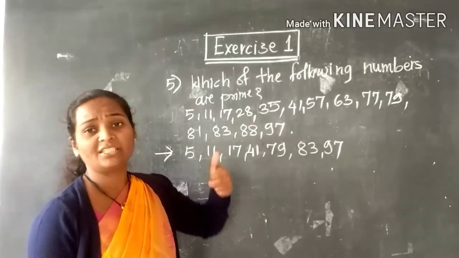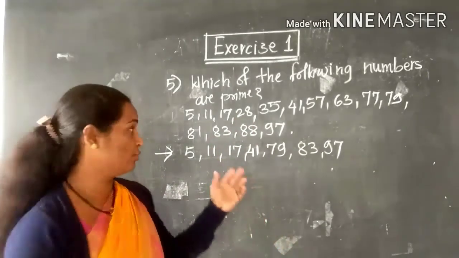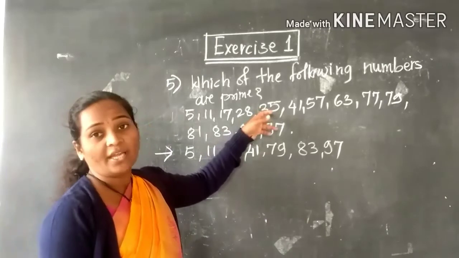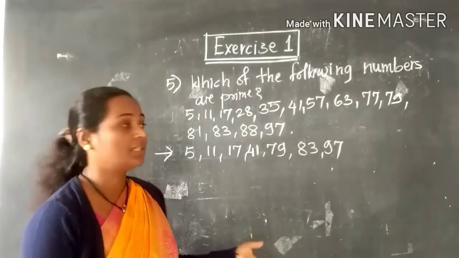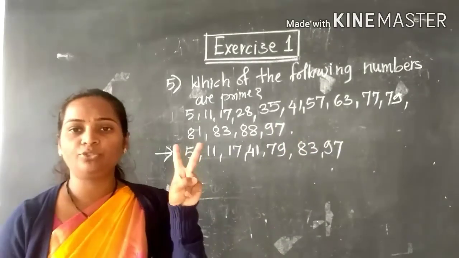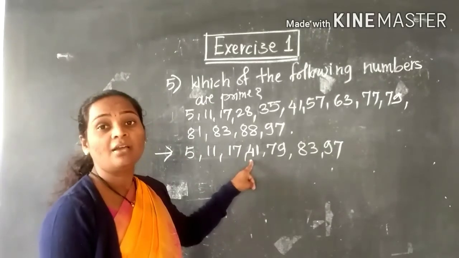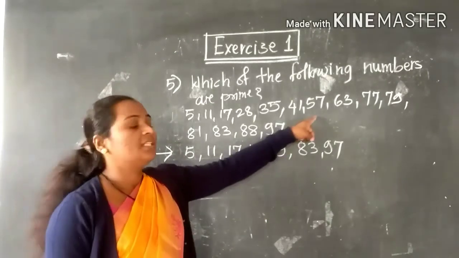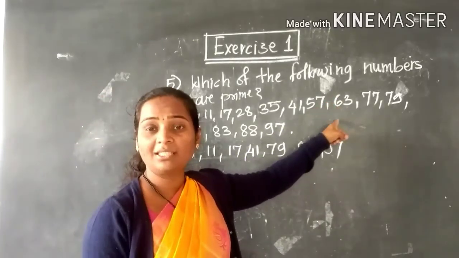28 is not a prime number because it is divisible by other numbers also. Then 35 is again not a prime number because it is divisible by other numbers. Then 41 has only 2 factors, 1 and that number itself, so 41 is a prime number. Then 57 has other factors. 63 also has other factors.